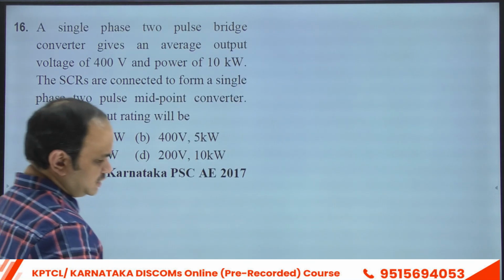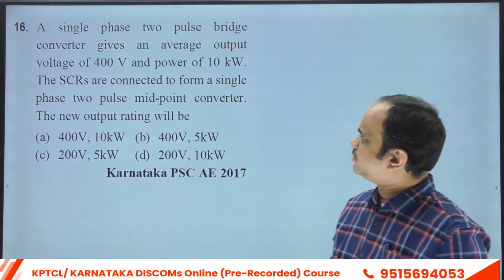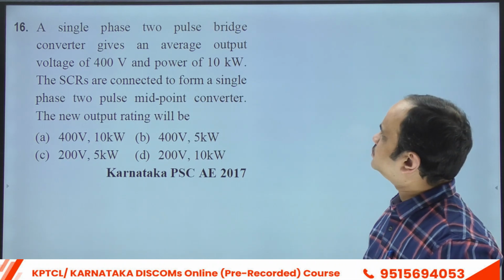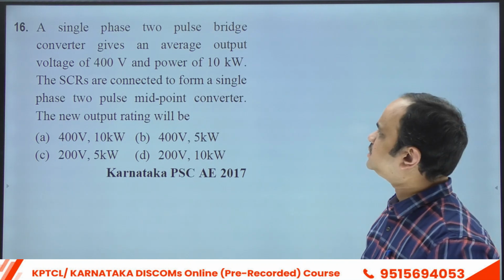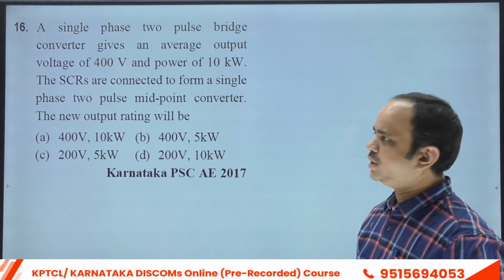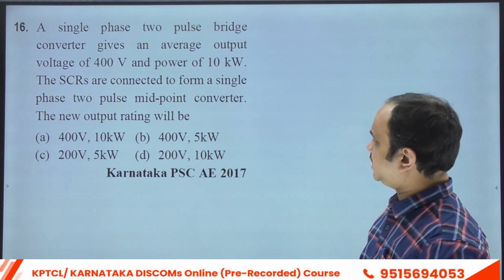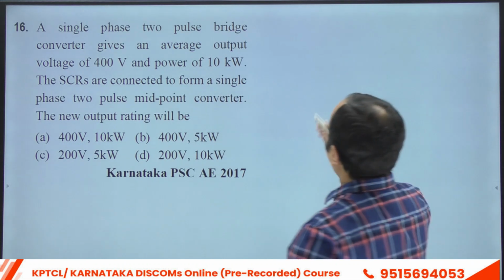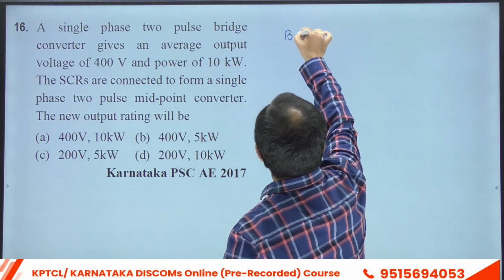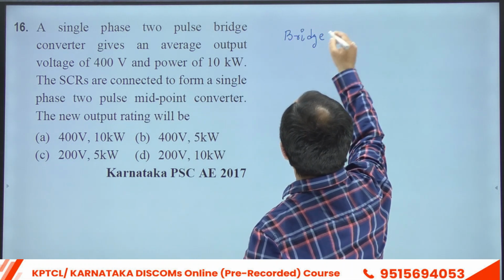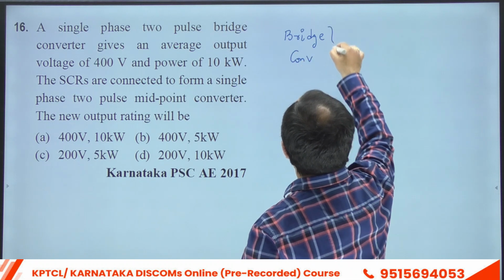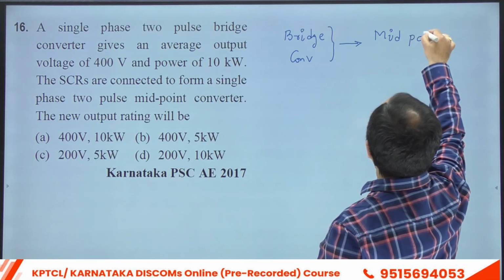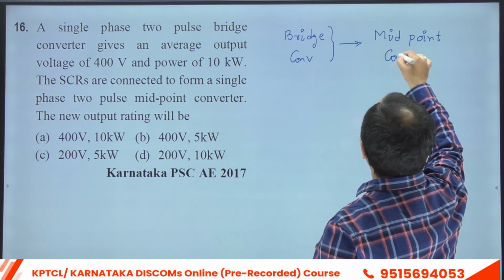Now, let us move to the next question. It is a very interesting and important question also. A single phase 2 pulse bridge converter gives an average output voltage of 400 volt and output power of 10 kilowatt. The SCRs are connected to form a single phase 2 pulse midpoint converter. Now observe carefully what is given here. The first arrangement is a bridge converter, and then it is moved to a midpoint converter.